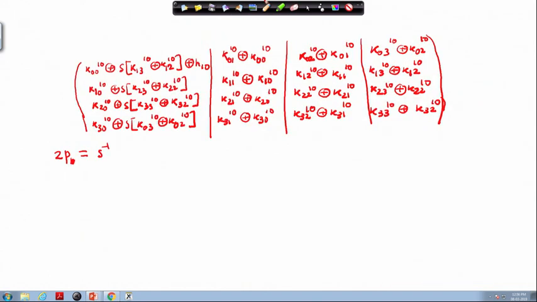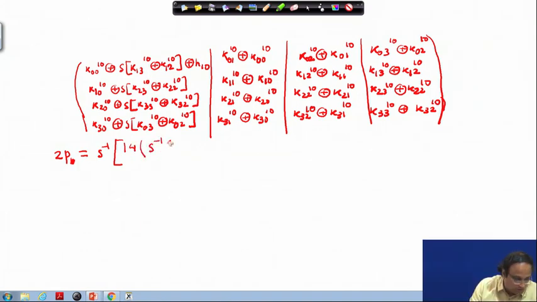So you will basically get this: S inverse of, remember, 14 multiplied with S inverse of K00 10, because this is the final round key, XORed with C00, XORed with the 9th round key.